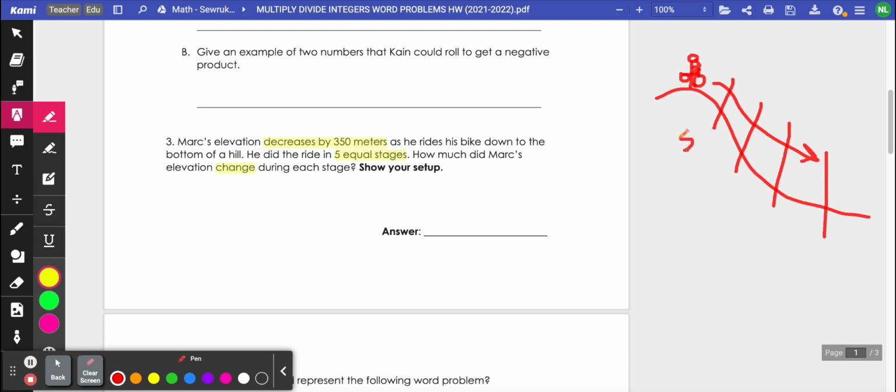And the whole thing is going down 350. If we're going down, though, it's a negative number. So we have to take that negative 350 and divide it by 5. That will tell us how much he goes down in 5 equal sections. Remember, you have to show your work on your paper and then write the answer.